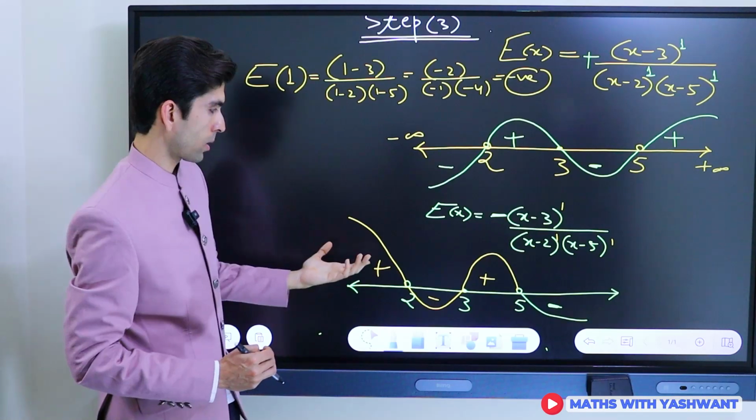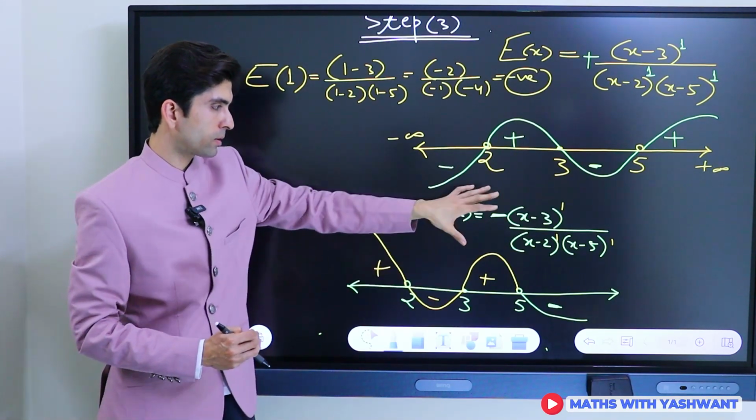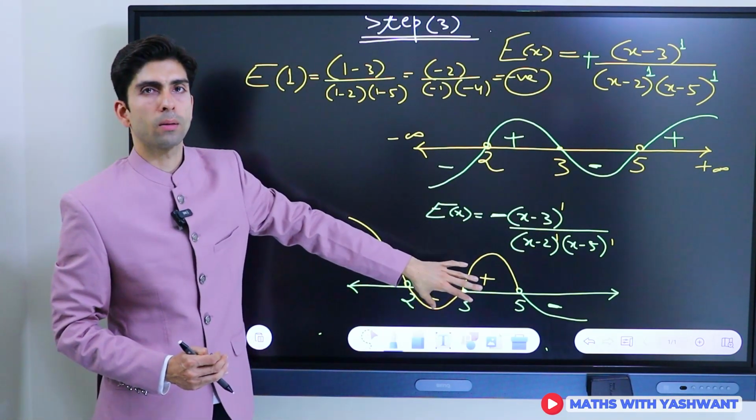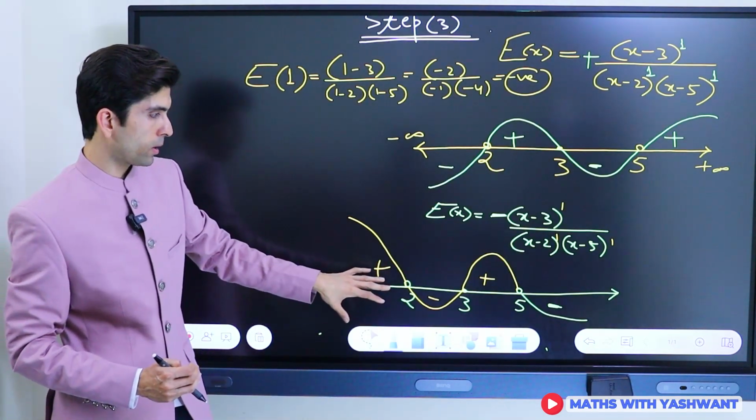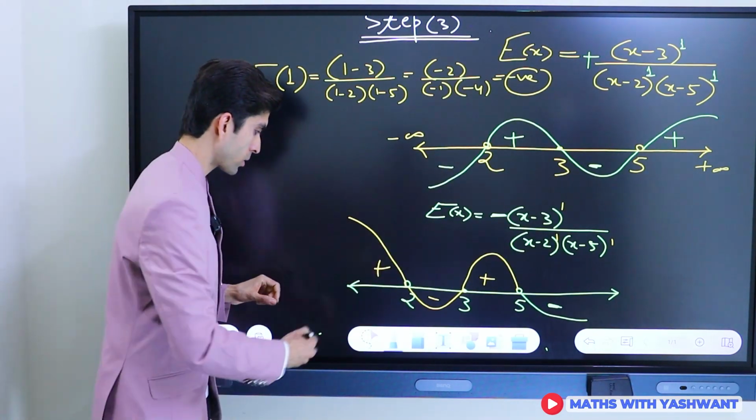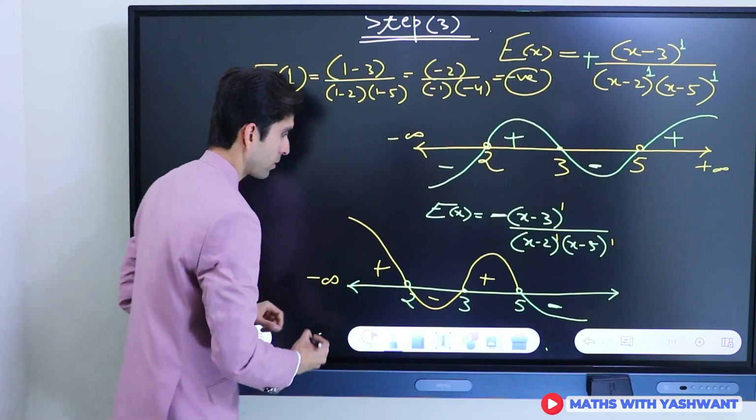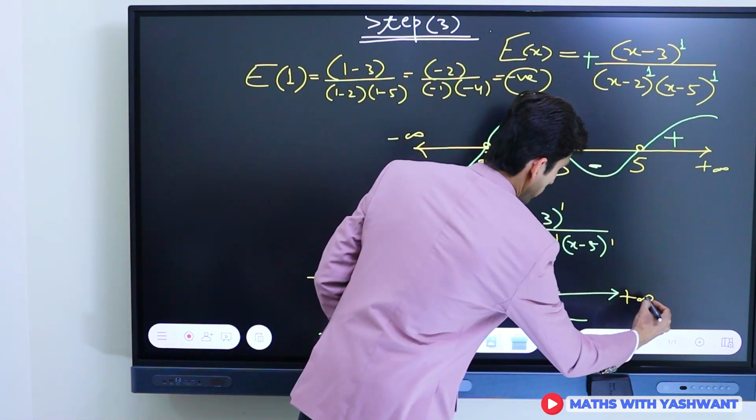Now let's understand what message the second wavy curve is conveying. If we talk about the second curve, let me mark, this number line is running from negative infinity to positive infinity.